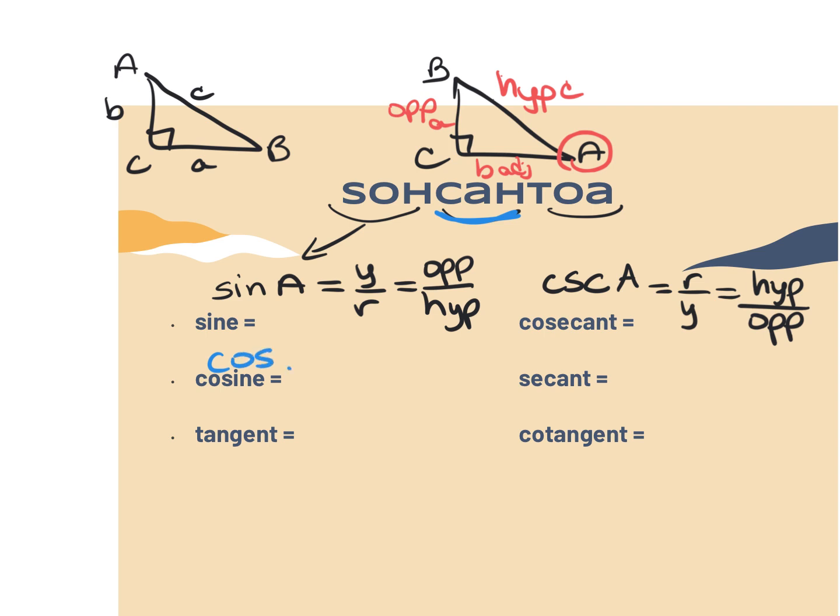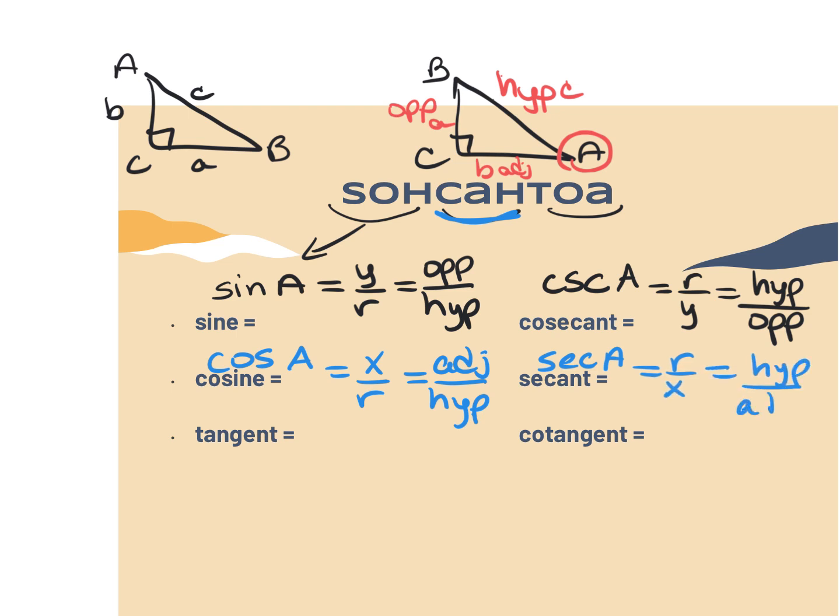If I do cosine of angle A, if you memorize from 5-1, that's x over r, or using your SOHCAHTOA, adjacent over hypotenuse. Then the secant, that is the SEC, and that's going to be r over x, or hypotenuse over adjacent.